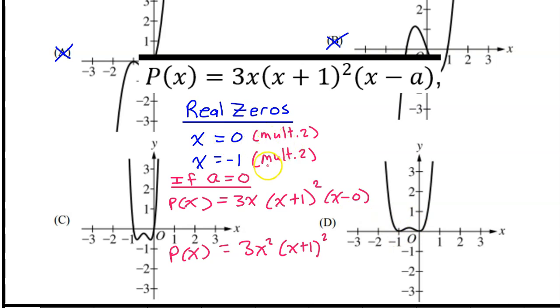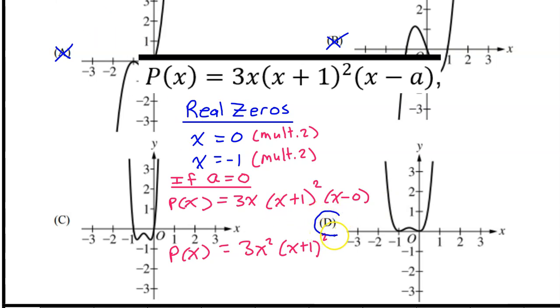So if both of these have multiplicity 2, we would see a bounce at 0 and a bounce at negative 1, tangent and another tangent. And that is exactly what we see. So because of that perfect match, I feel confident that the answer is D.